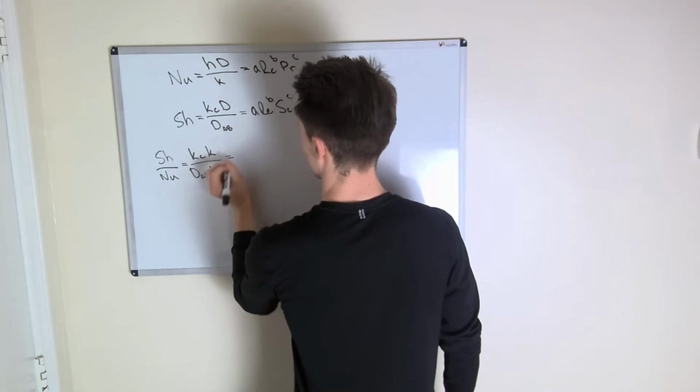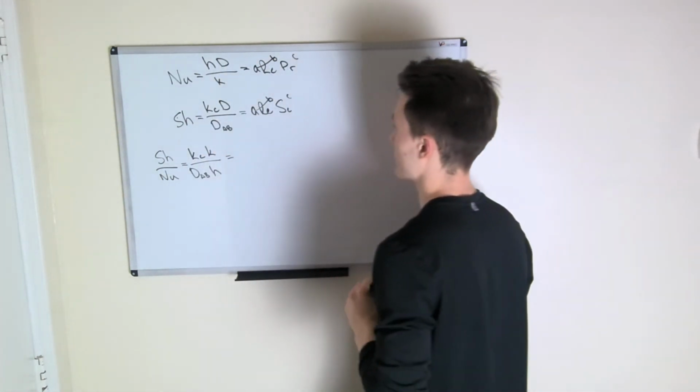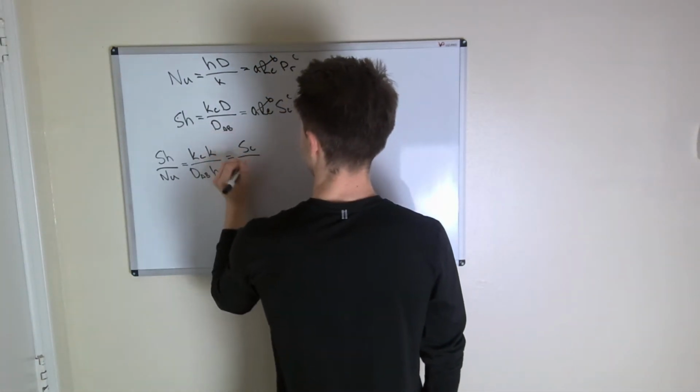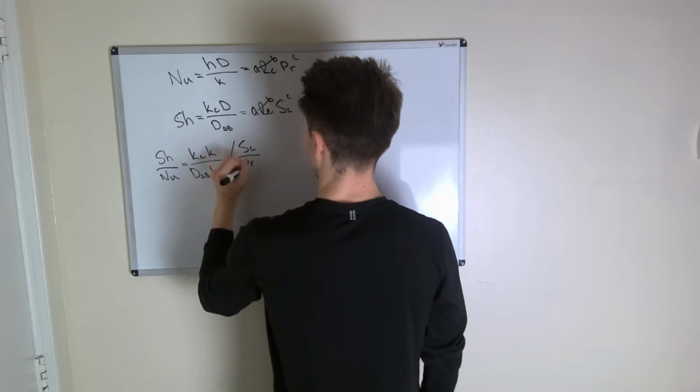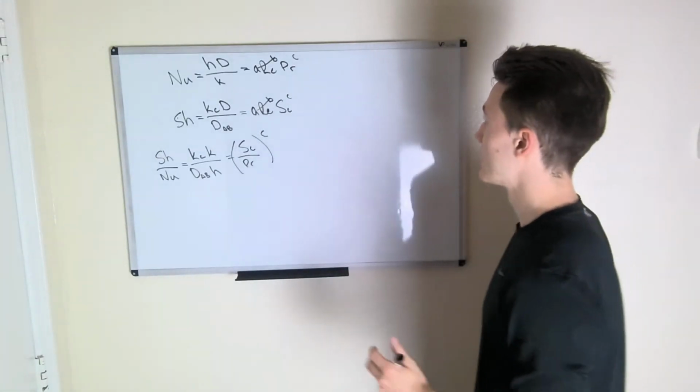And then that is equal to our model. So these values cancel each other out, and then it is left with the Schmidt number over the Prandtl number raised to a power C.